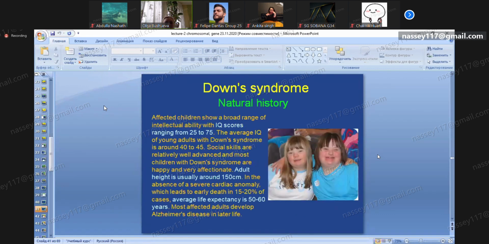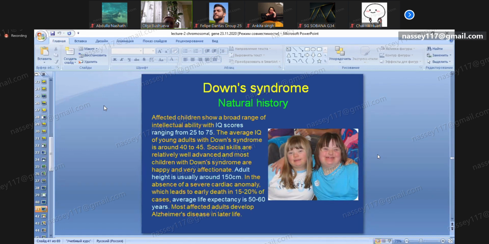Affected children show a broad range of intellectual ability with IQ scores ranging from 25 to 75. The average IQ of a young adult with Down syndrome is around 40 to 45. Social skills are relatively well advanced, and most children with Down syndrome are happy and very affectionate.